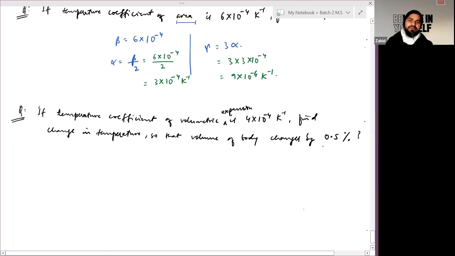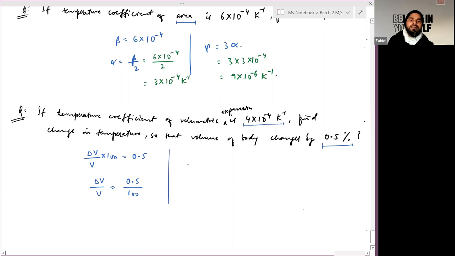In this question, we have percentage change in volume as 0.5%. We may write it as delta V by V into 100 as 0.5. So from this, you may write delta V by V equals 0.5 divided by 100. Now you have value of gamma.